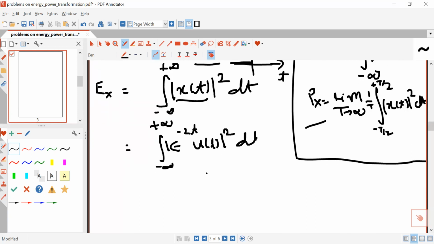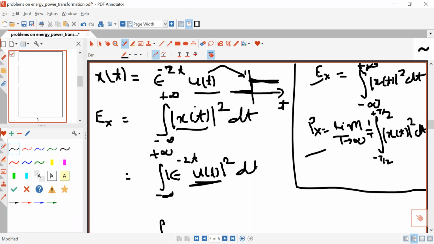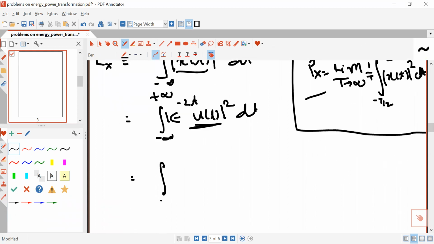You must remember this unit step signal will change the limit of integration, because the unit step has 0 value in the negative half. So from minus infinity to 0, u(t) will be 0, and u(t) into e to the power minus 2t will also be 0. So the integration limit will change from 0 to infinity, and in this range u(t) will be 1.